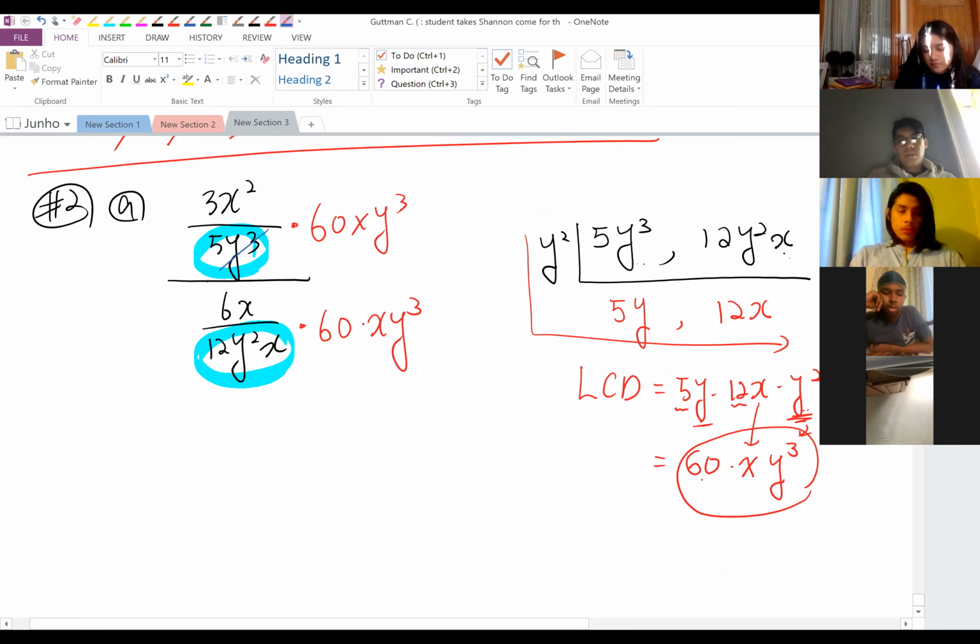So I guess y cubed is gone, and 60 divided by 5 becomes 12. So looks like the numerator becomes 3x squared times 12x.